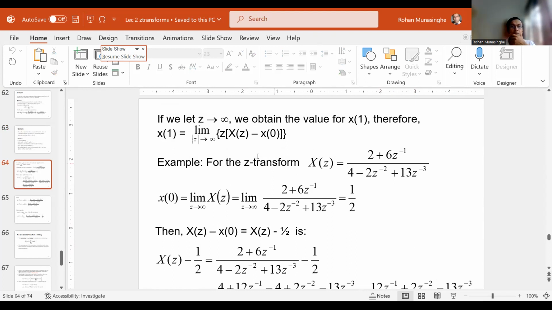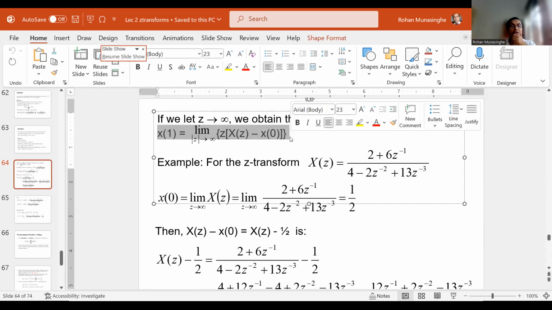Right. So if you want to remember, the equation is just this: x1 is the limit as z goes to infinity of z times (X(z) minus x0). And to work that out, you should have calculated x0 in a previous step.